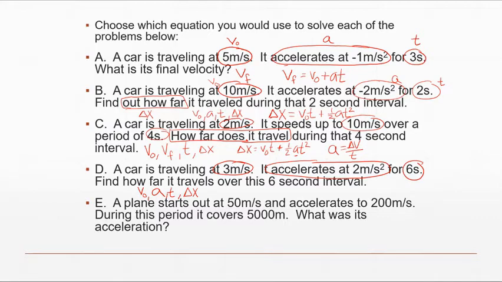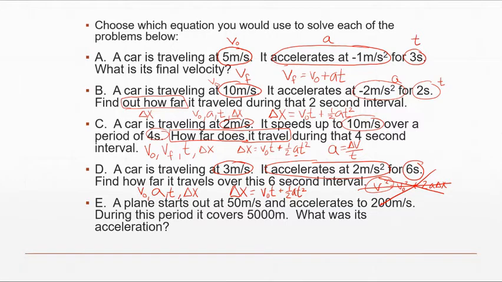In this case, I'm going to use change in x equals v initial t plus 1/2 a t squared. The reason I cannot use v squared equals v initial squared plus 2a change in x is because I do not have my v final. I only have my v initial. So this is not a valid equation to use in this case.